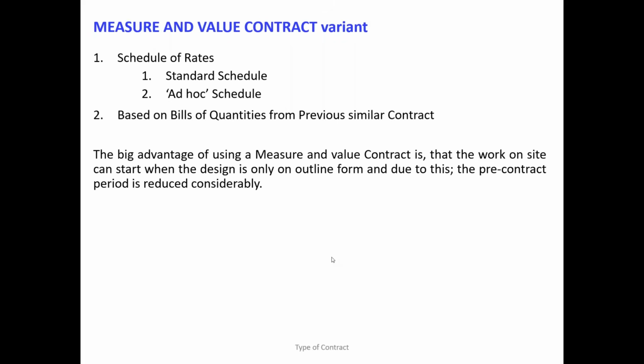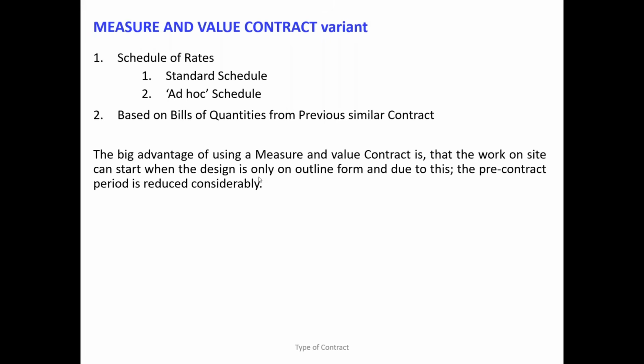So what do you do in the ad hoc schedule? Assume, for example, in the floor finishes we have 10 different finish types. Now the client comes and says that for this schedule we are going with either marble or granite, only these two items, and the balance 8 items you have to remove from the list.